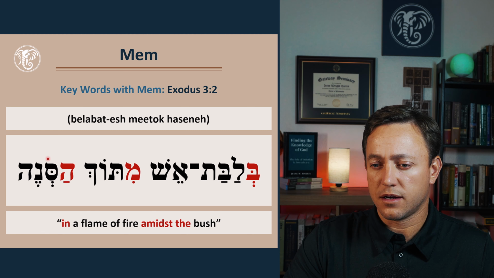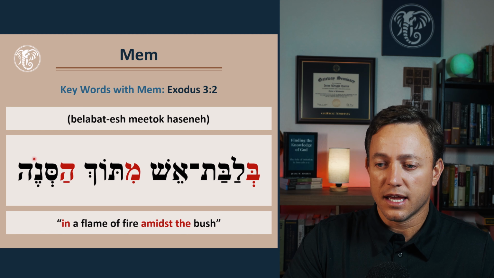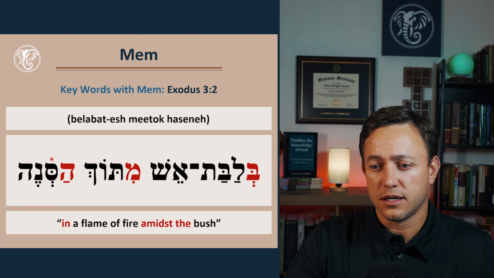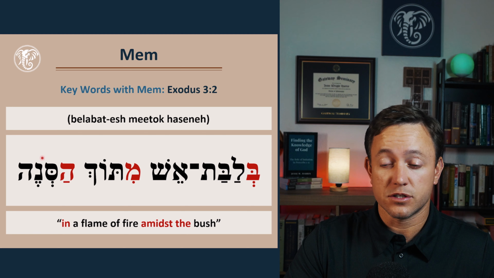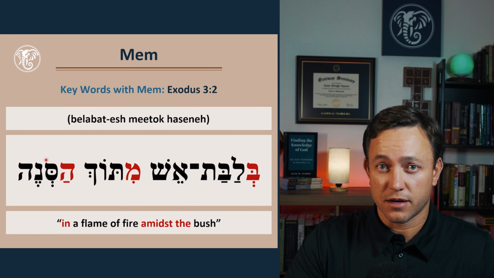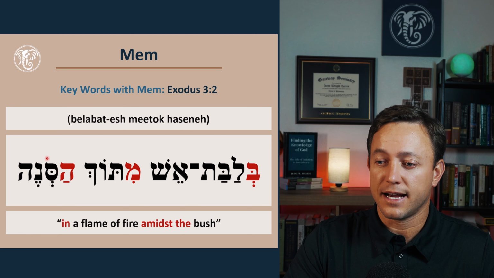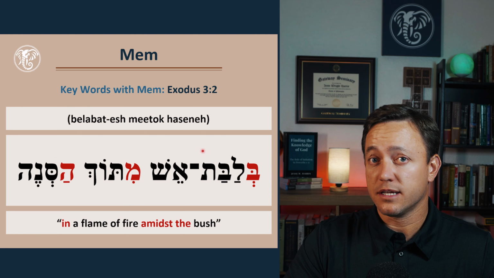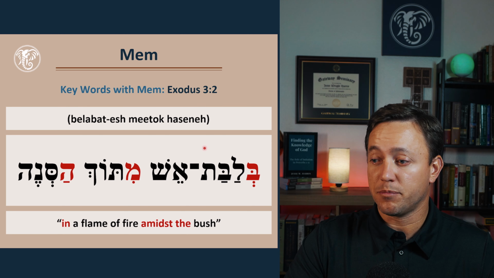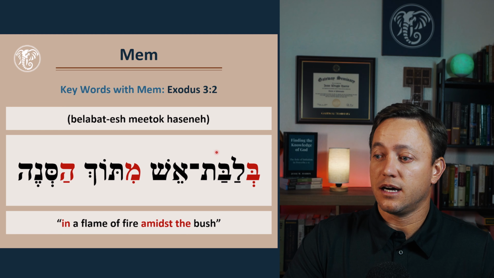And this is saneh, is just like a word meaning like a bush of some sort. From what I understand, it's not super clear as to exactly what it refers to, but maybe some kind of tree or bush or something like that. In any case, right, the angel of the Lord, the very presence of God, is appearing in this very strange and miraculous situation.